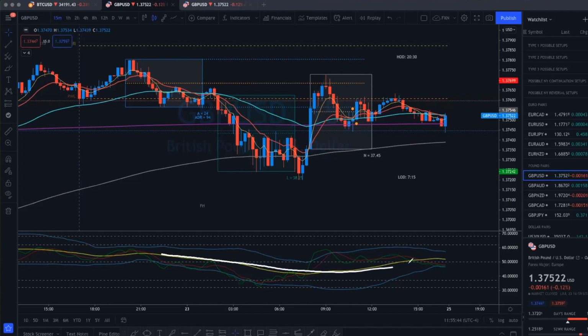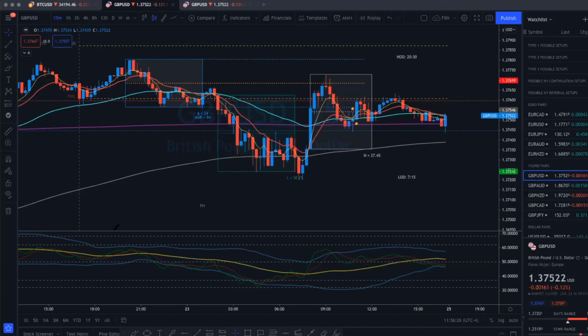And this yellow line here is basically the overall market sentiment. Think of this yellow line as what the majority of traders are thinking in their mind. If the yellow line is below the 50, meaning the 50 median line here, the market sentiment for retail traders is most likely to be on a selling bias.